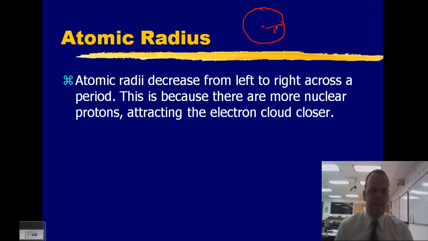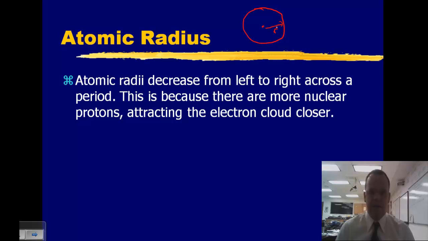This doesn't seem to make a lot of sense to most people, because as you go left to right across a period, especially if you drop down to the sixth period, you can go from 55 protons, 55 electrons, and a mass number of 132, all the way up to radon, which has 222 as its mass number and 86 protons and electrons. That's a significantly larger number of protons and electrons as you travel left to right across the periodic table. However, what actually happens is that the atom gets smaller as you go left to right.